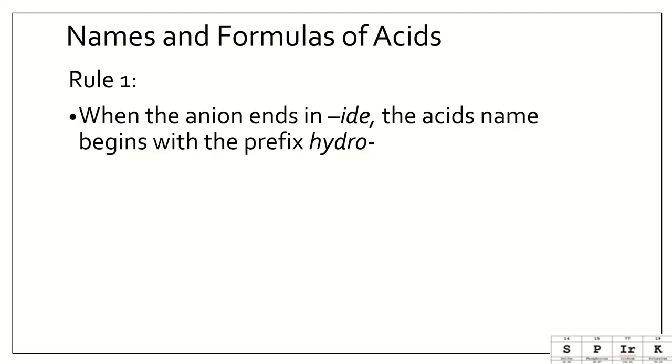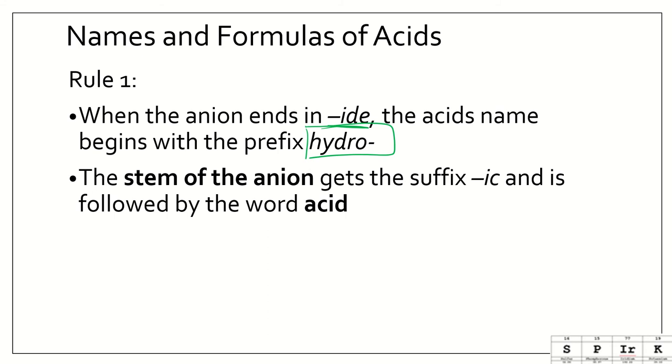So in rule number 1, when the anion ends in IDE, the acid's name begins with the prefix hydro. You take the stem of the anion and it gets the suffix ic and is followed by the word acid. So for example, we have HCl, and if we were to name just that anion, it would be chloride.